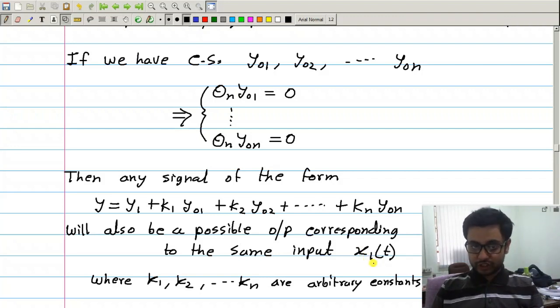That is not possible. All possible solutions can be written in this general form. Now, with this idea in mind, I will tell you a recipe to find the output of such a system given the input.